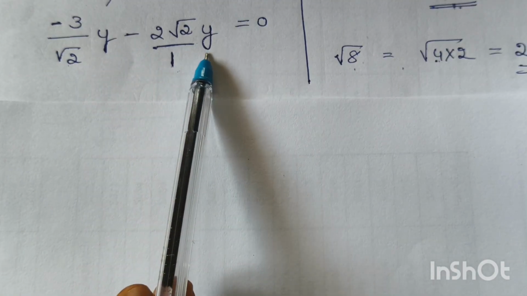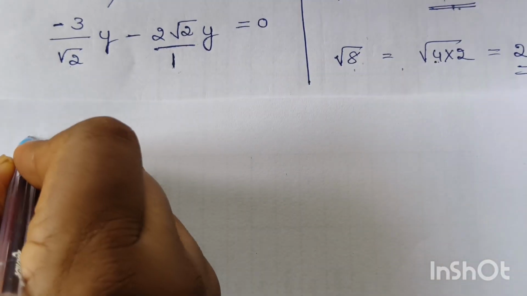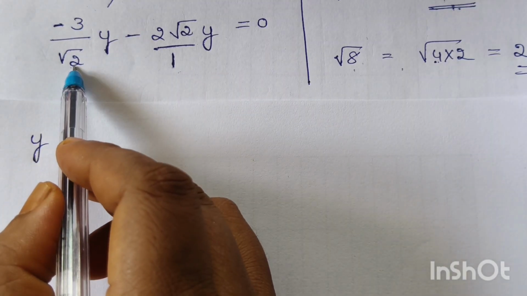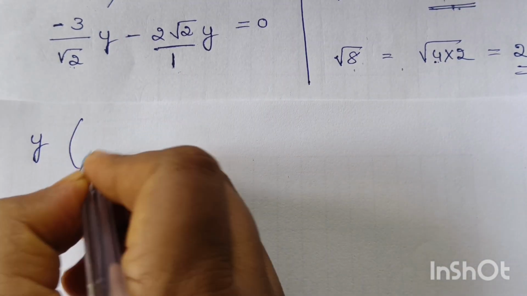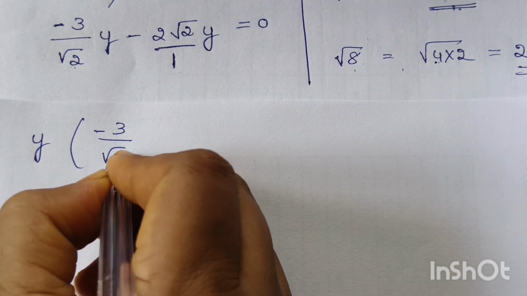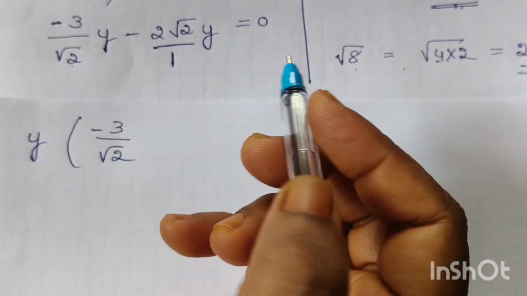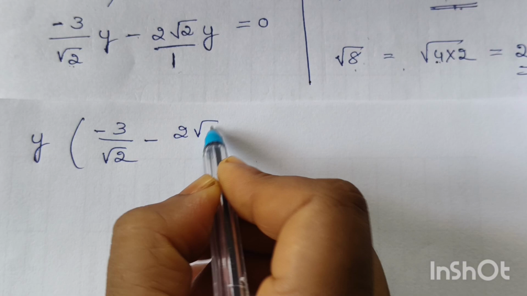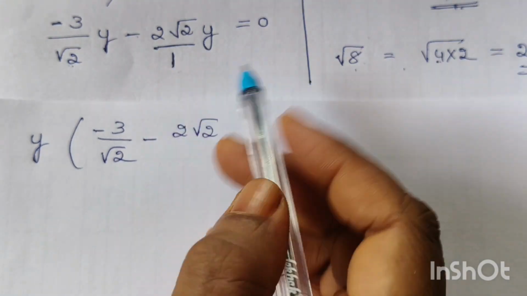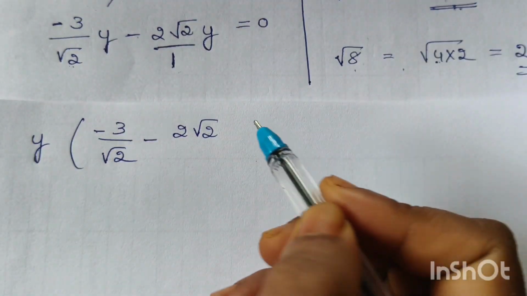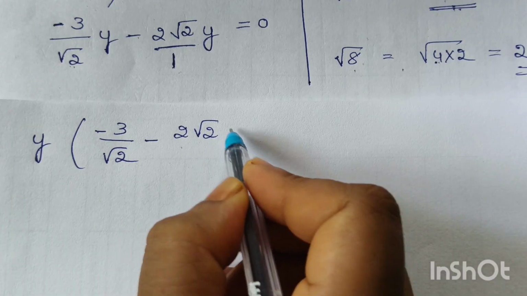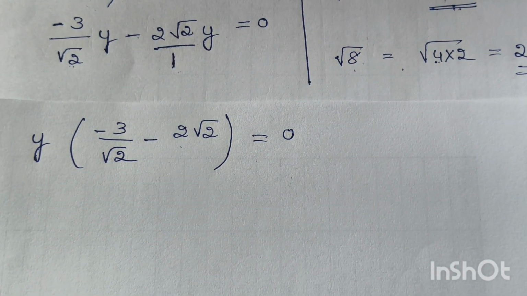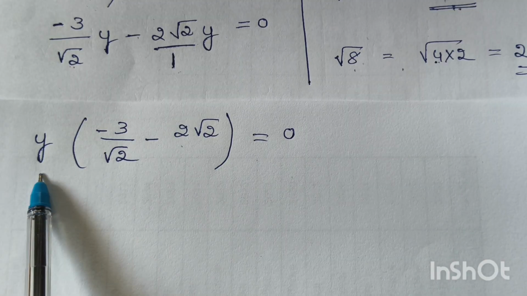The remaining terms are minus 3 by √2 and minus 2√2. Nothing is in the denominator, so we can write 1 or leave it. This is equal to 0. Now our intention is to find the value of y.